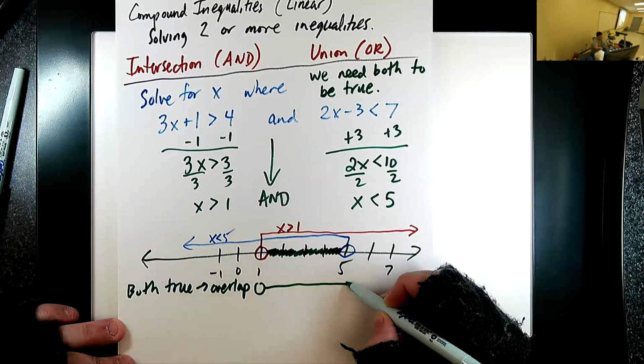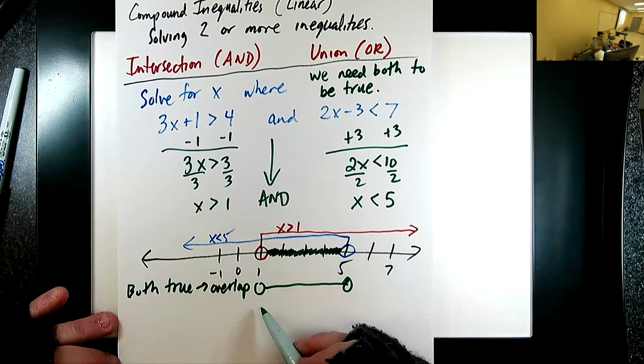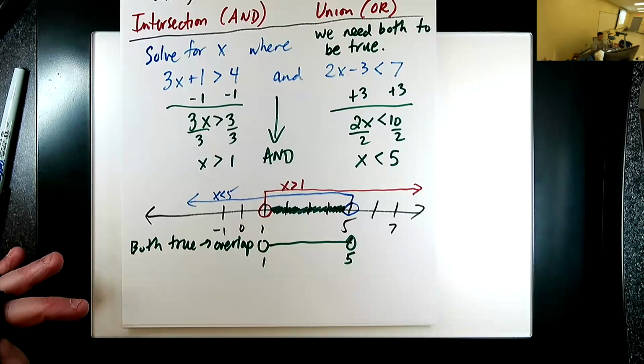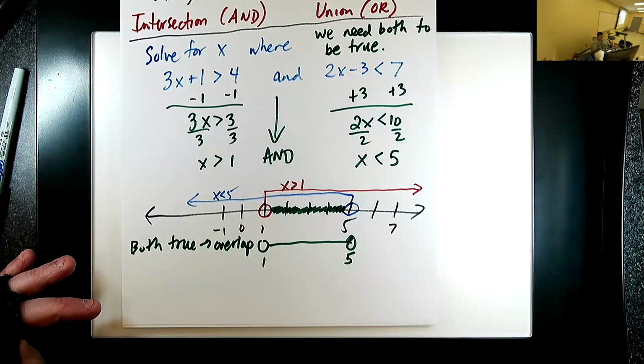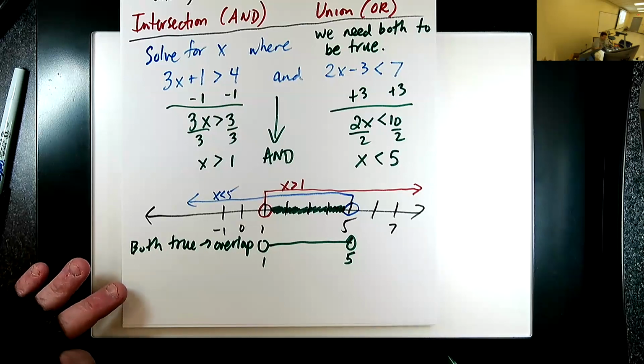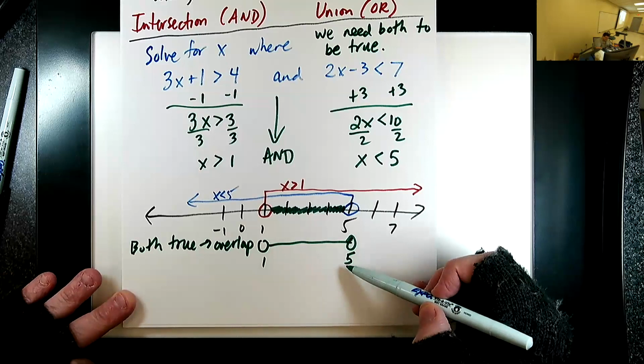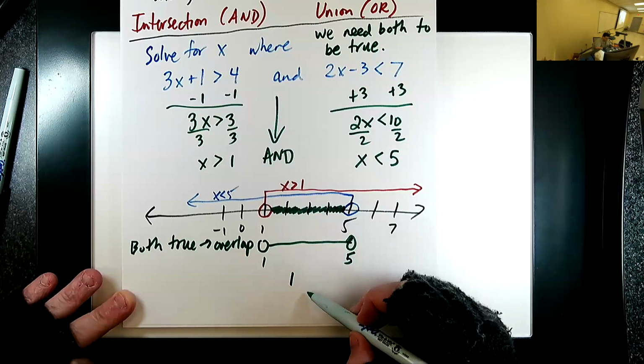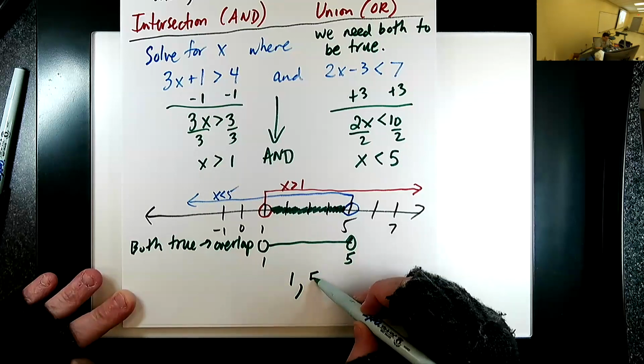So I could do it like that, where that's a 1 and that's a 5. When this happens, we're not including the 1, but we start at 1, we're ending at 5.